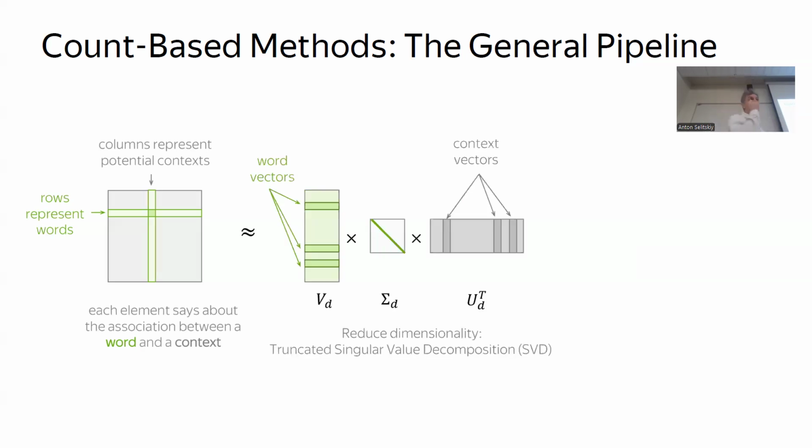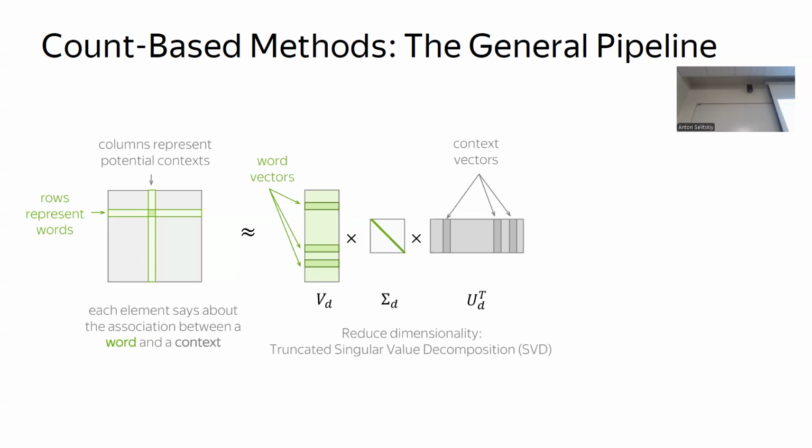And then you can apply SVD decomposition. Typically we use U sigma V, but in the slides they use V sigma U. Every matrix can be decomposed as U sigma V, where sigma is a diagonal matrix.